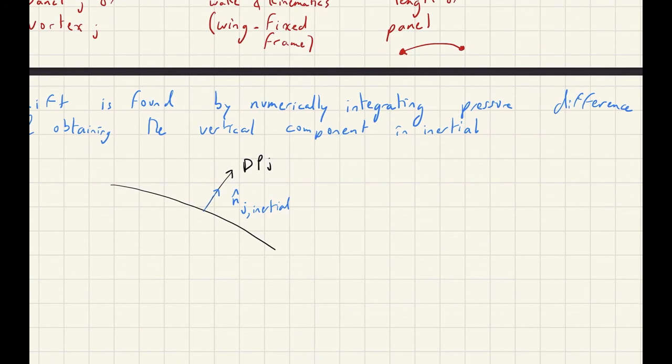Thus, we need to find the component of the force that we integrate for in the inertial frame.